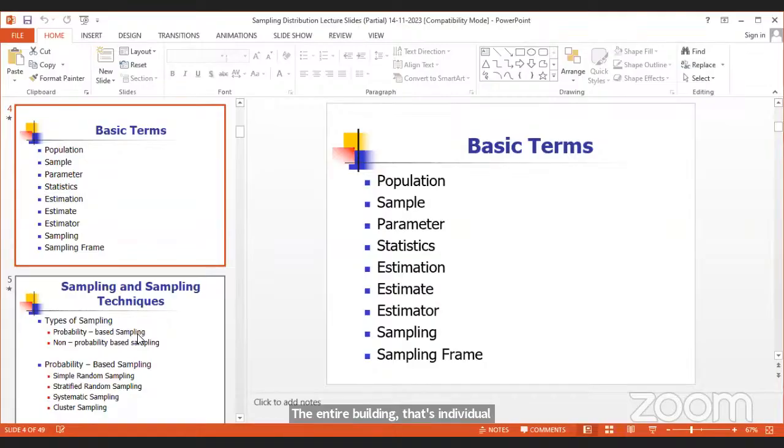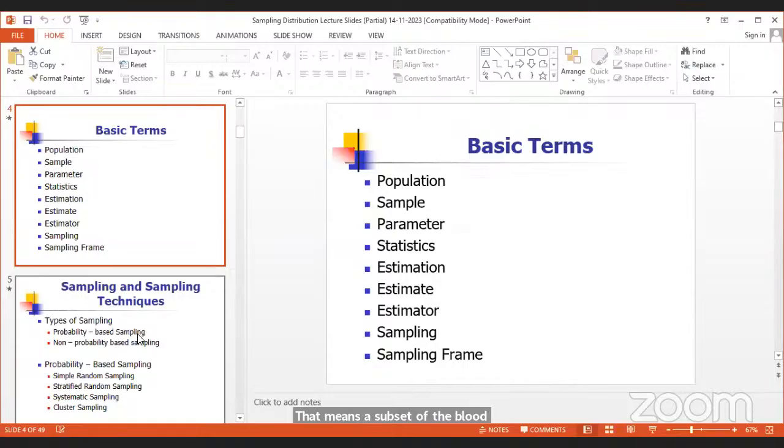If you go for a lab test to check whether you have malaria parasite or other unwanted elements in your blood, then there's need for a sample of the blood. That means a subset of the blood, a fractional part of the blood.